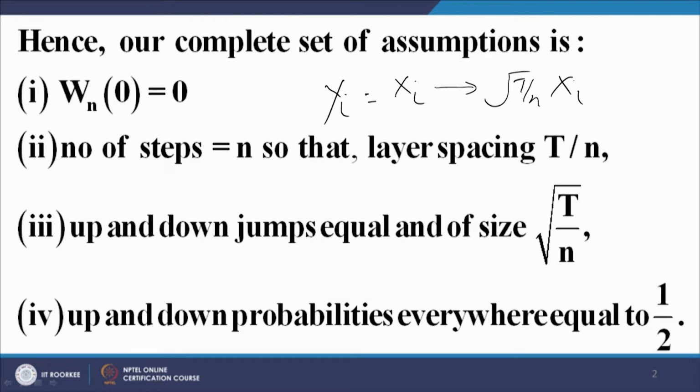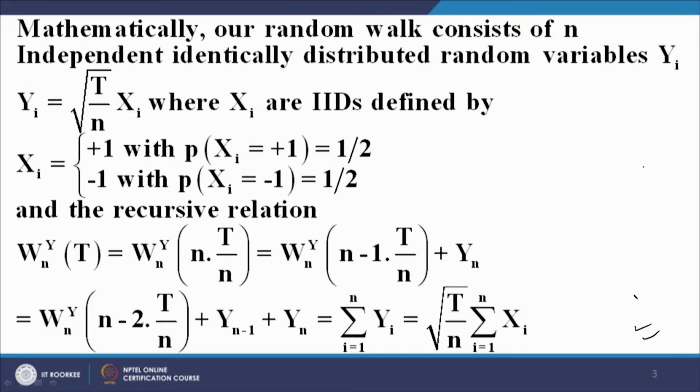The up and down jumps are equal to root t upon n, because x I can take the values plus or minus 1 with equal probabilities. Therefore, y I can take the values plus or minus root t upon n with equal probabilities.